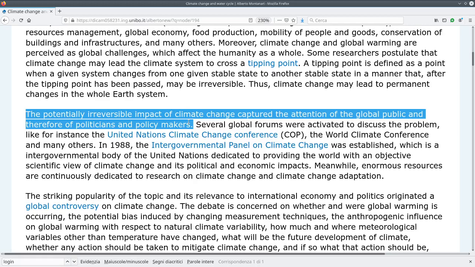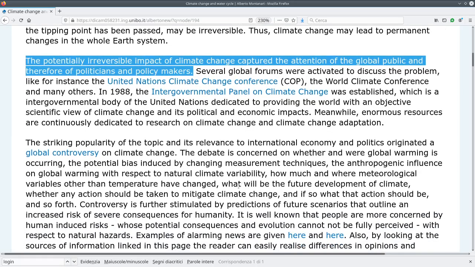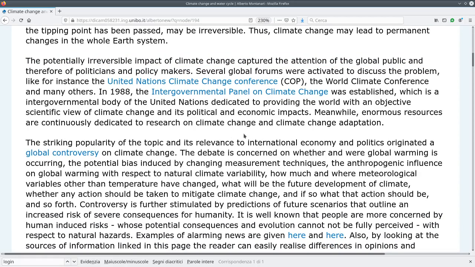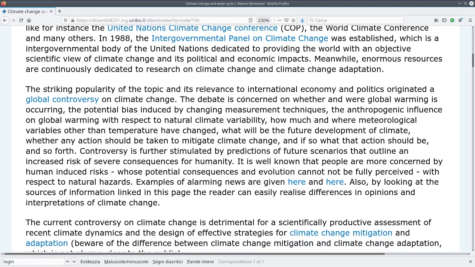Okay, I finished the paragraph. And so there were a lot of forums that were, as I said, organized, which are still ongoing. And also there has been recently an increased attention for the action of the youth movement, who basically pointed out the societal importance of the topic.